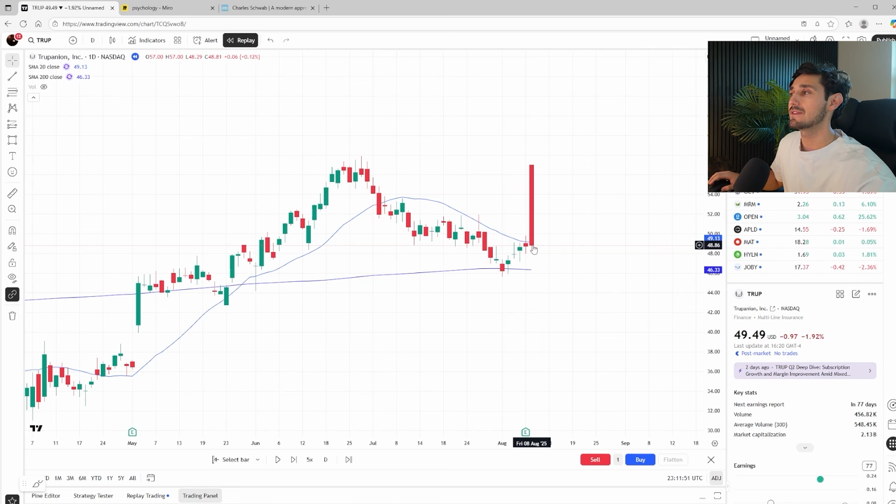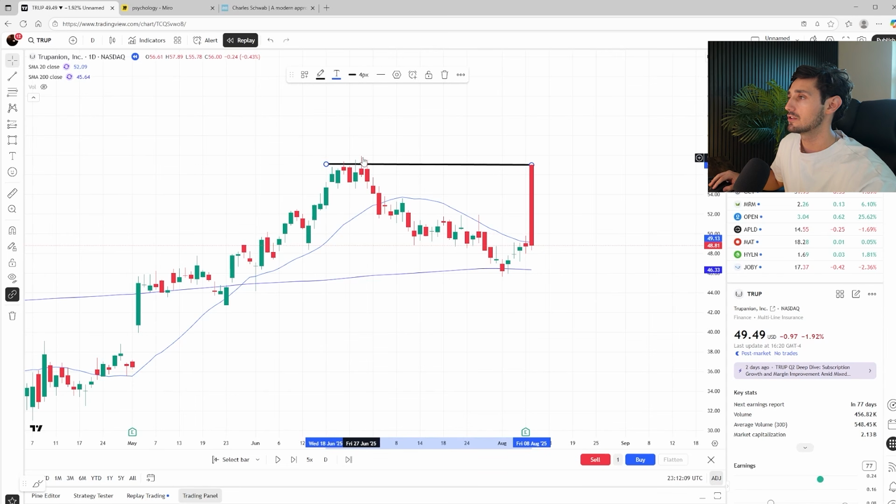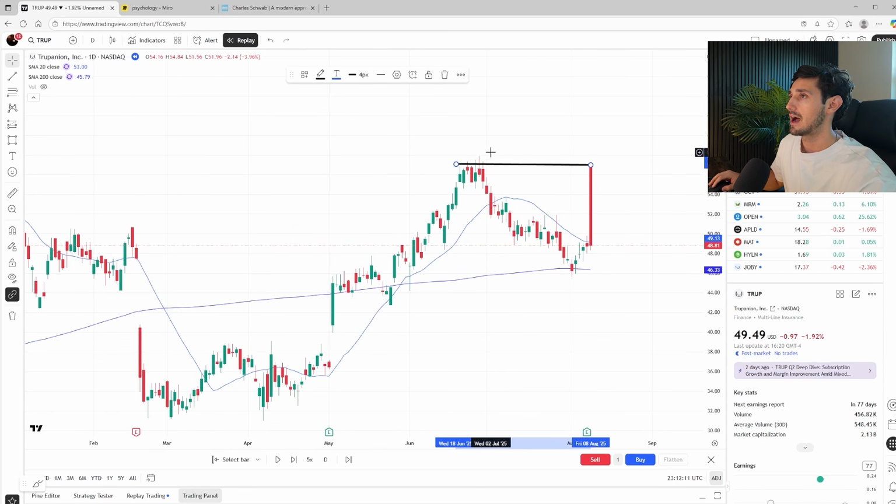But I was never even interested in this gap as a long in the first place because it was gapping directly into a resistance area. So it gapped from 48.69 to 57 bucks, and that $57 is directly into these prior highs right here.